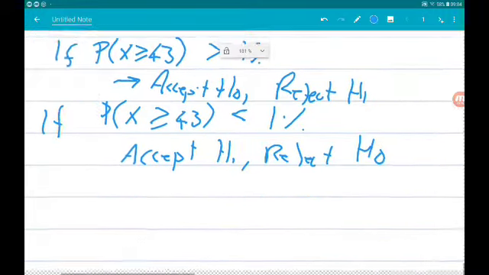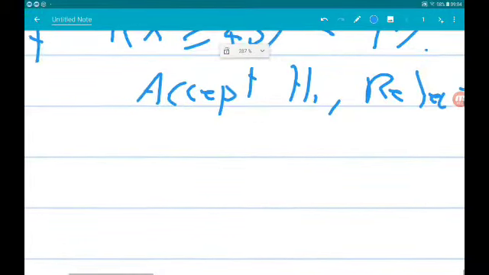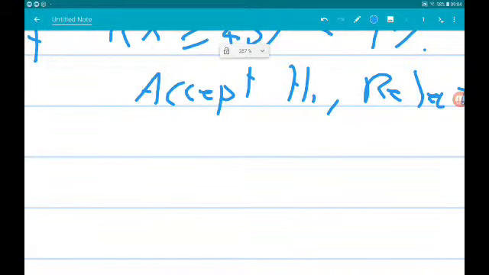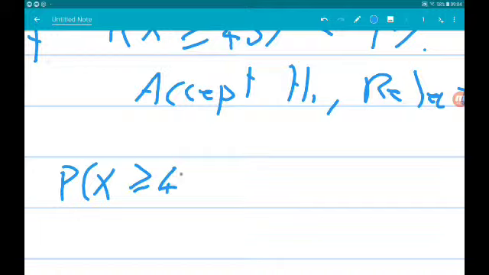Okay, so let's calculate this probability. So the probability x is greater than or equal to 43 is, now remember we can use our calculators to do this.